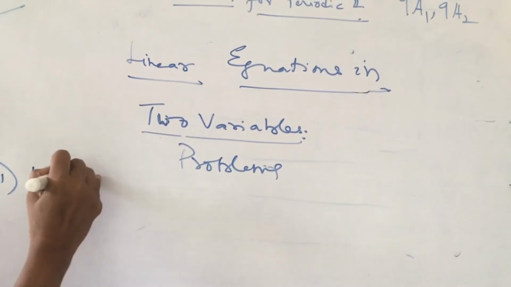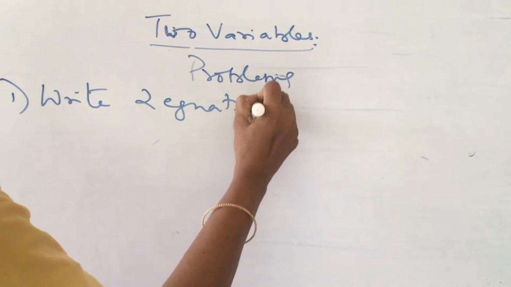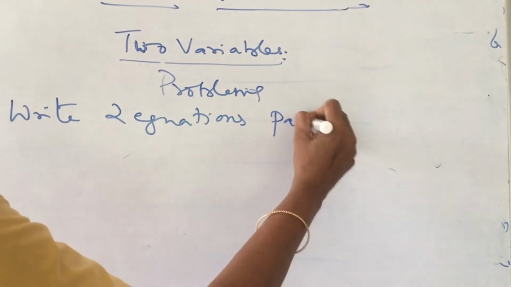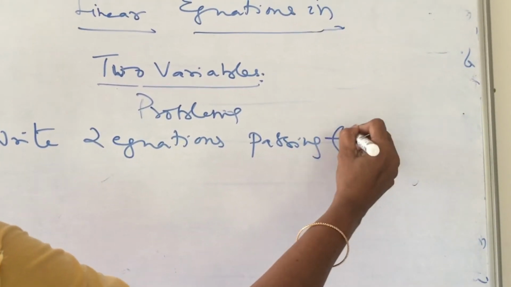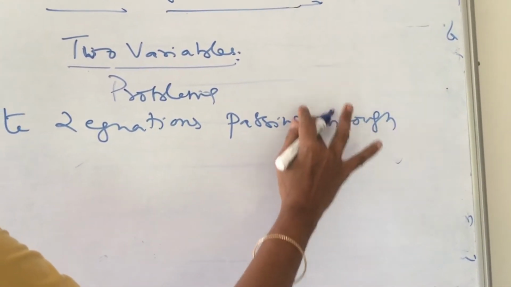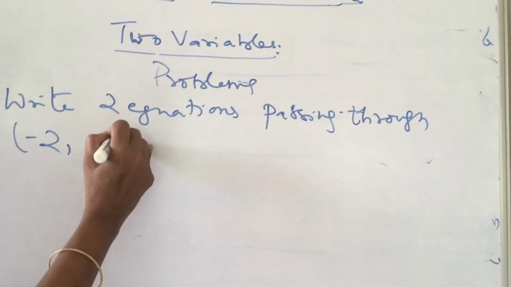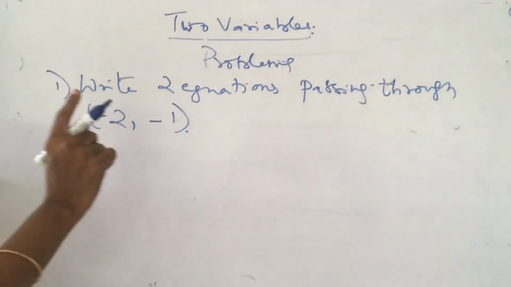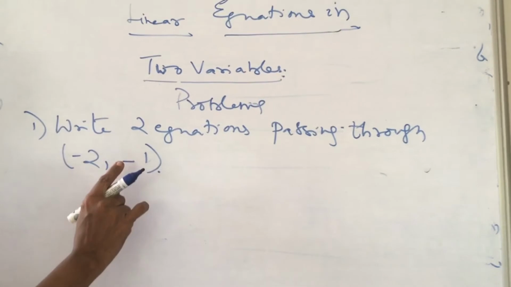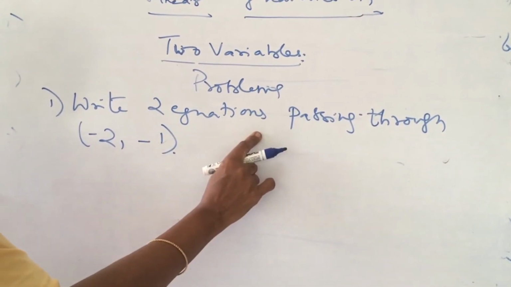Write two equations passing through minus 2 comma minus 1. I have been telling you children, through a given point, how many lines can pass?